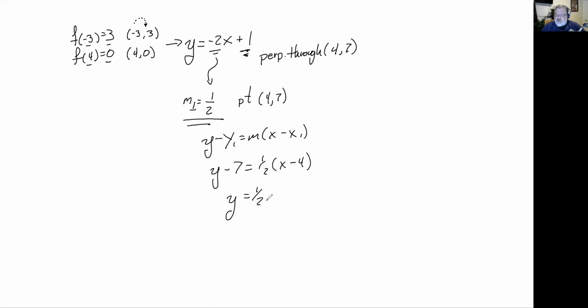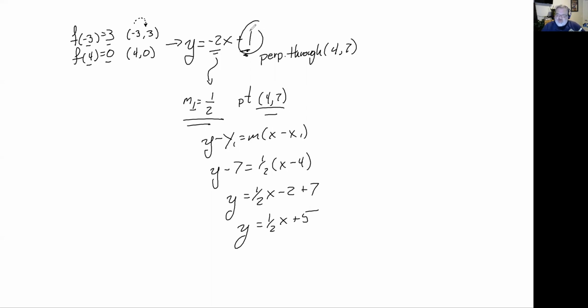You can distribute that 1/2, add over the 7. So it's just the same type of ways that you would make a line otherwise. All we need is a point and a slope.